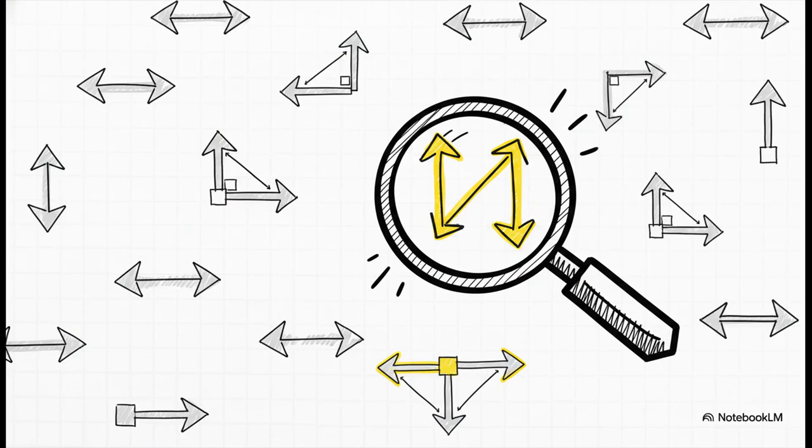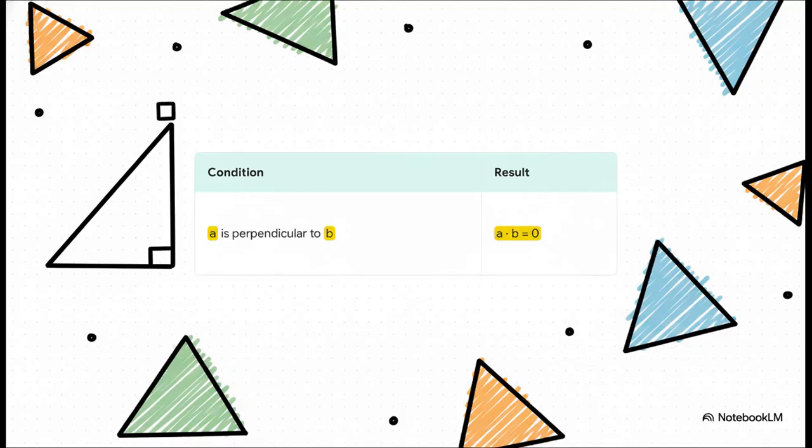So let's look at the first key application here. The dot product has this, well, it's kind of like a superpower. And here it is. It's so simple. If two vectors are perpendicular, meaning they form a perfect 90-degree angle, their dot product will be exactly 0, every single time. This is an unbelievably fast and elegant way to check for right angles.